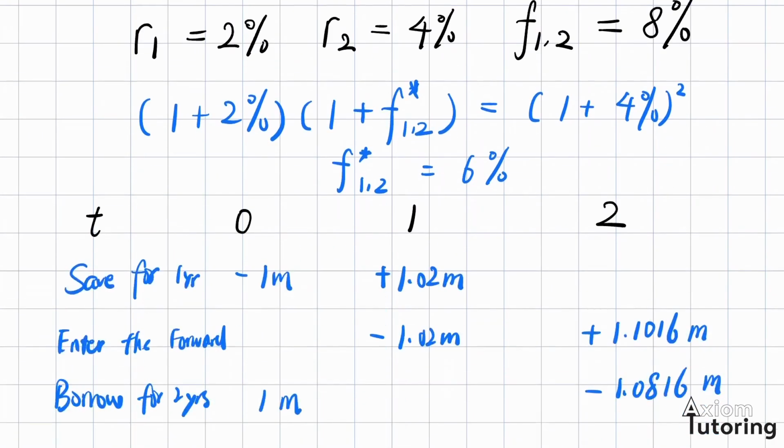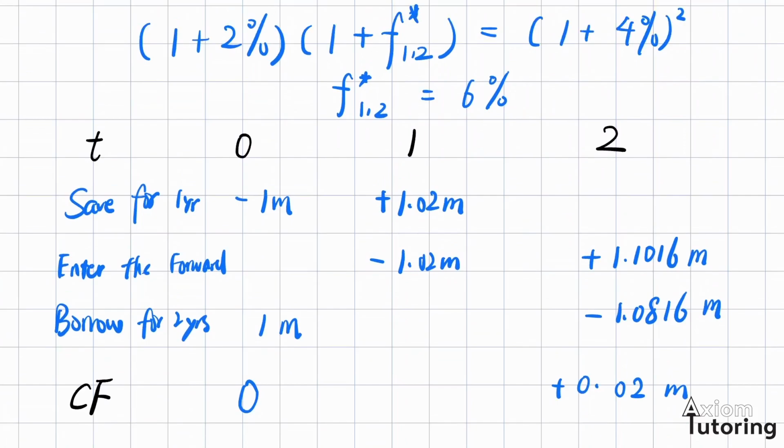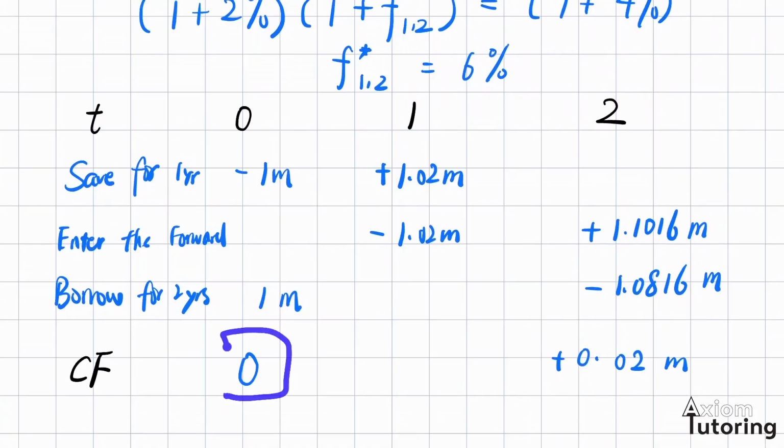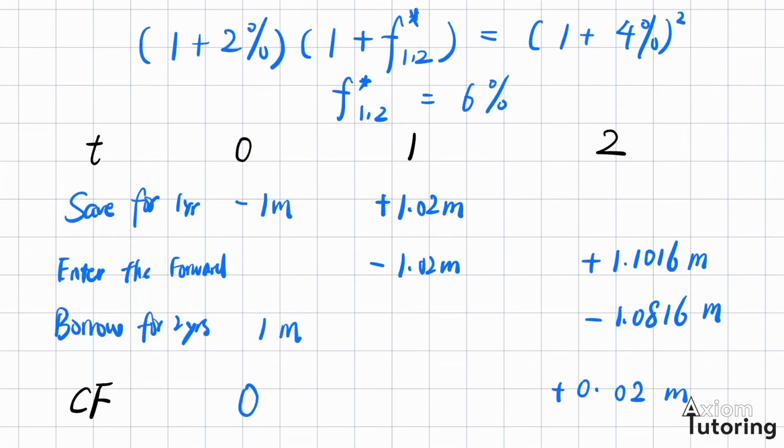That is how we construct the arbitrage portfolio. We have 0 cash flow at time 0 and time 1, but at the end of all the contracts, we get a positive inflow of cash, 0.02 million. It's risk-free and for certain, so we have successfully constructed an arbitrage portfolio.